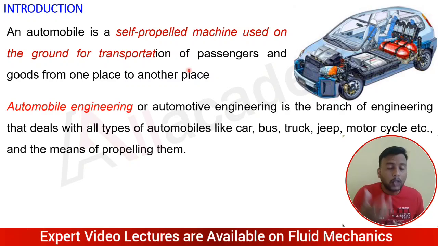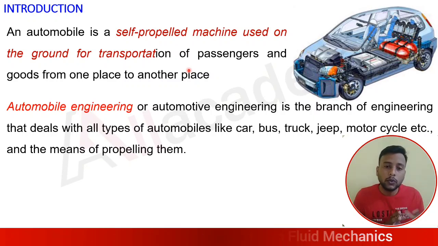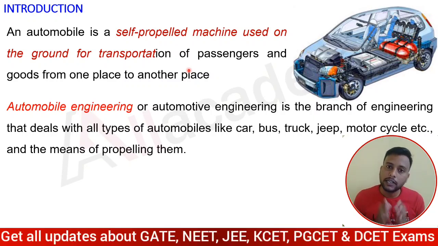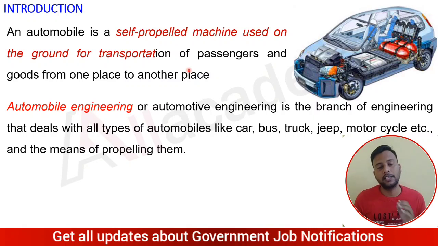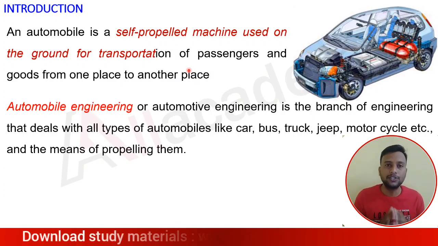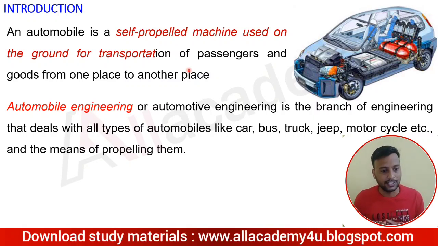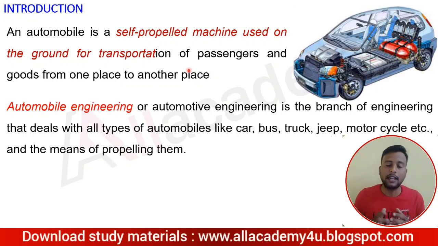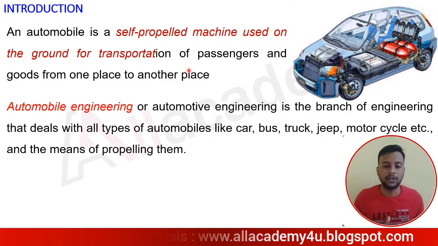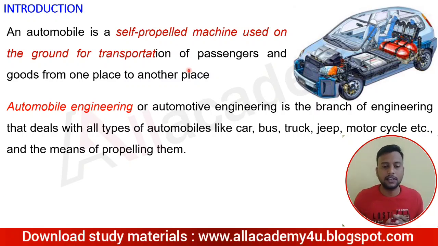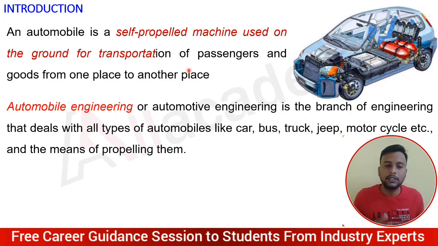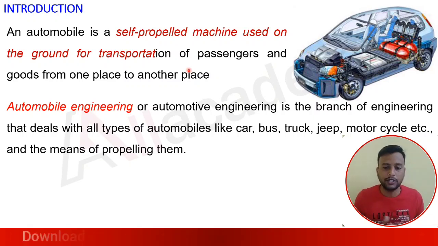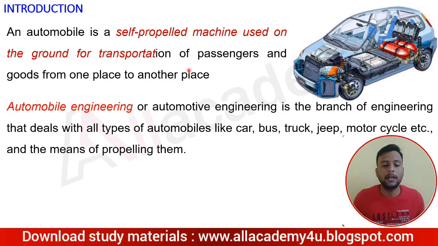Now what is automobile engineering? Now that we know the definition of an automobile, what is automobile engineering actually? Automobile engineering is the branch of engineering that deals with all types of automobiles like cars, buses, bikes, trucks, jeeps, anything that runs as a machine that helps in transportation by means of propelling.